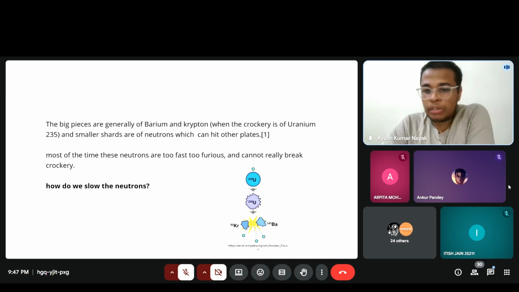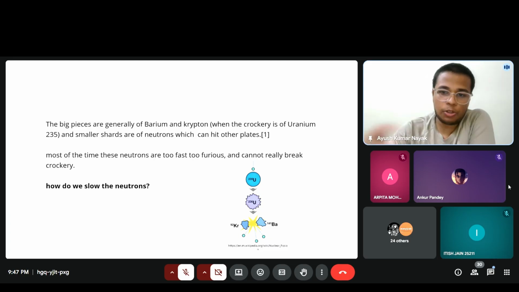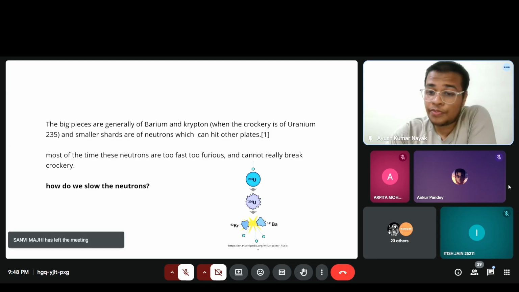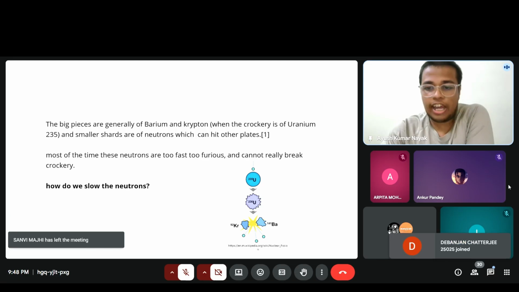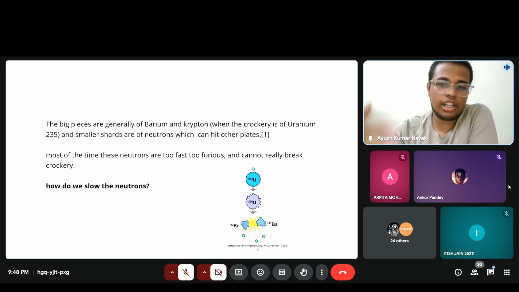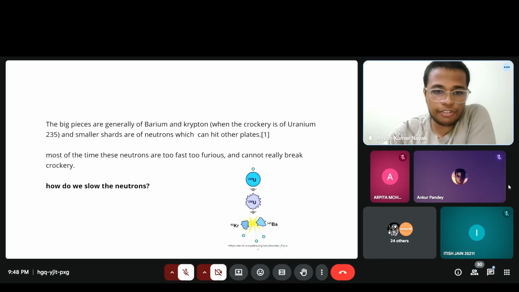On the bottom right-hand side, it's depicting what happens. A neutron gets absorbed by uranium-235, converting to uranium-236, which is extremely unstable and breaks apart into barium-141 and krypton-92, releasing 3 other neutrons which can hit other atoms of uranium-235.